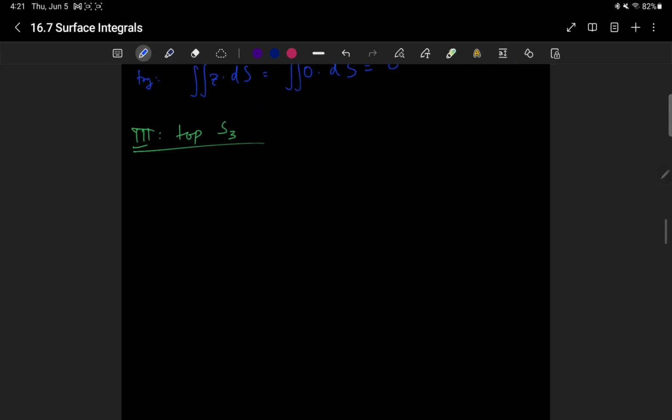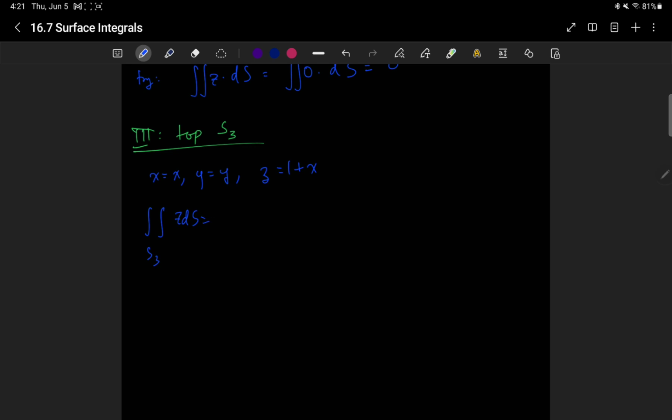Now let's look at the top S3. On top, z is not 0, so we cannot use that. What we can do is use the natural parameterization, because z is given as 1 plus x. So in this case, we can use the latest formula that we saw.